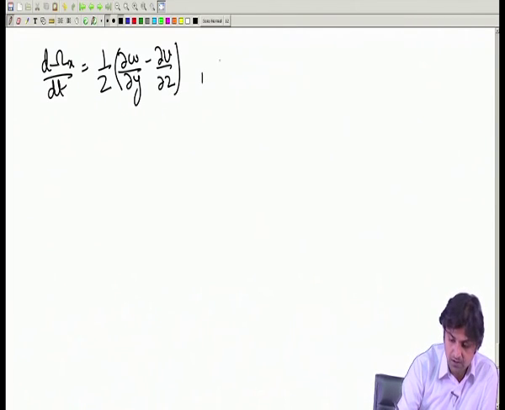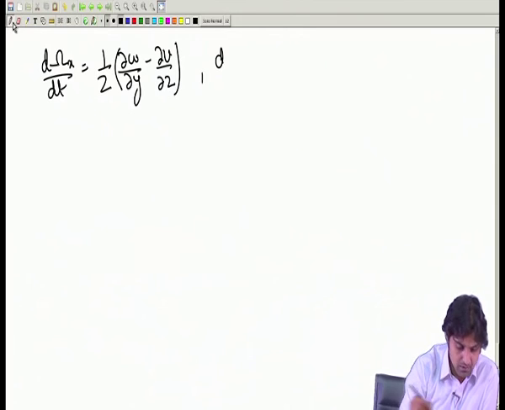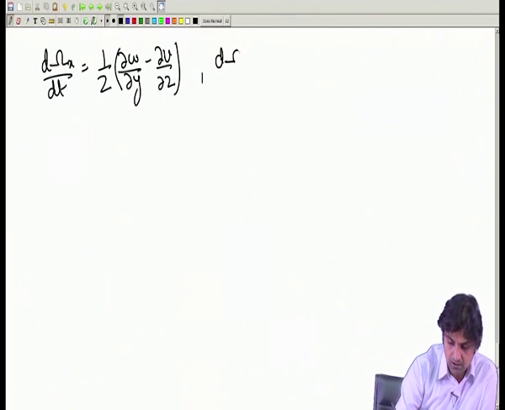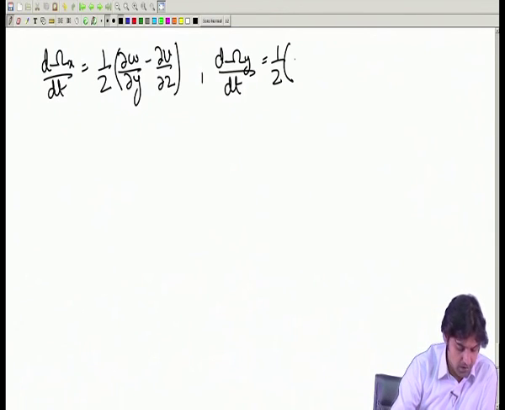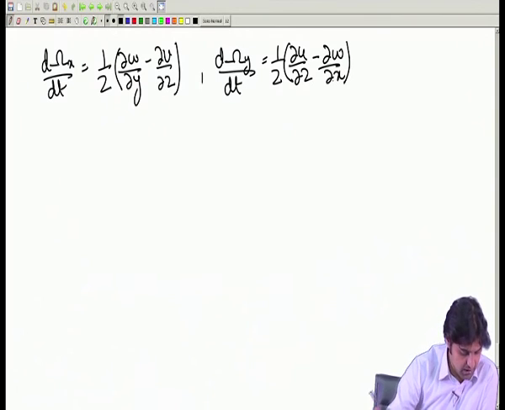We have found out for z, and the same way we can find out for x, and d sigma y by dt is half del u by del z minus del w by del x.